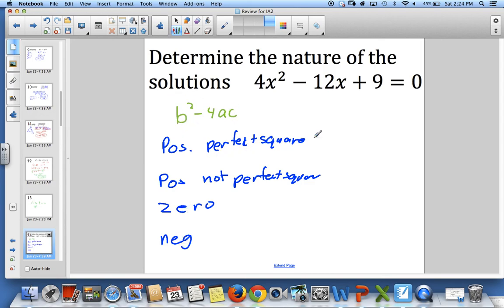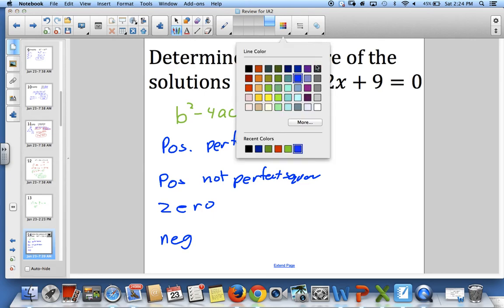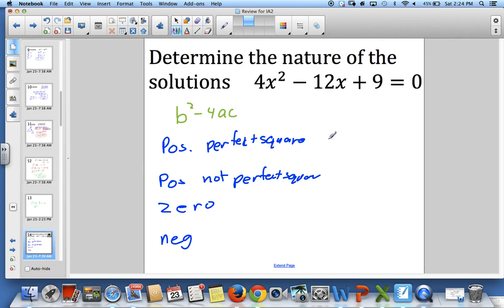If it's positive and a perfect square, then the nature of the solutions is 2 real, rational. Sometimes they use the word unequal instead of 2. For not a perfect square, we have 2 real, irrational. They're still real, and irrational. Again, sometimes instead of 2, they write unequal.